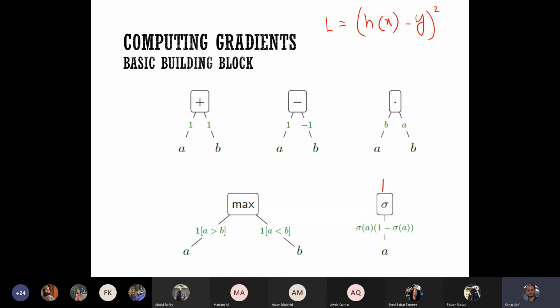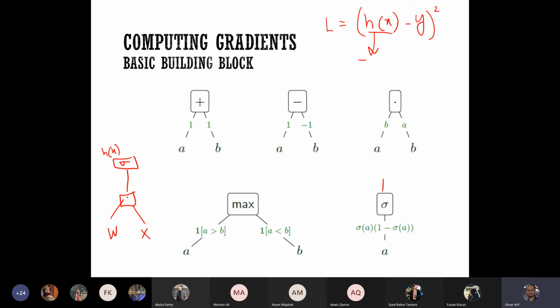This is a very simple case, but let's do it using these block diagrams. So let's start by representing h of x. h of x is equal to the weight w. There are two inputs, w and x. You multiply them together, right? And then you apply the sigmoid. That is going to give you h of x, right?